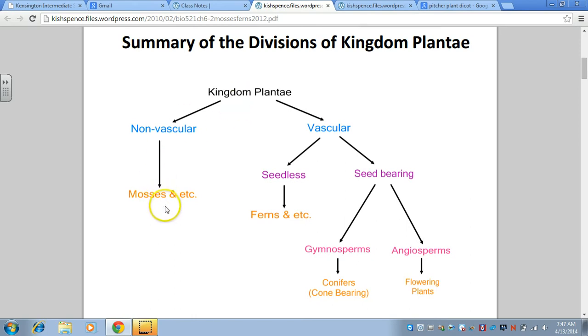Those included the mosses, and we talked about special properties that they had because they don't have the vascular tissue. They're fairly small, short to the ground.